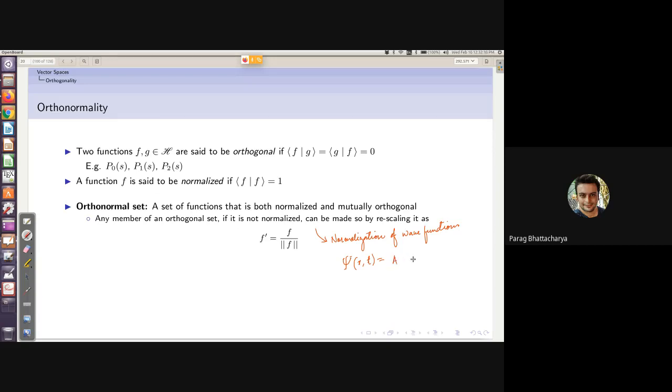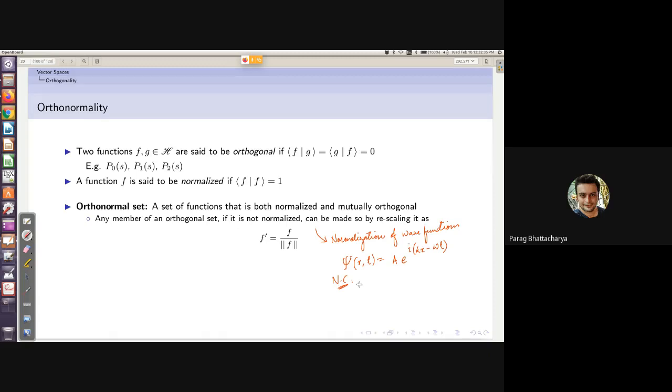Let's say for a free particle, A e to the power i(kx minus omega t). What is the normalization condition? Because this is not normalized, so what do we do? We need to find out this A. So how do you find A? We basically normalize this. That means we take the self scalar product.